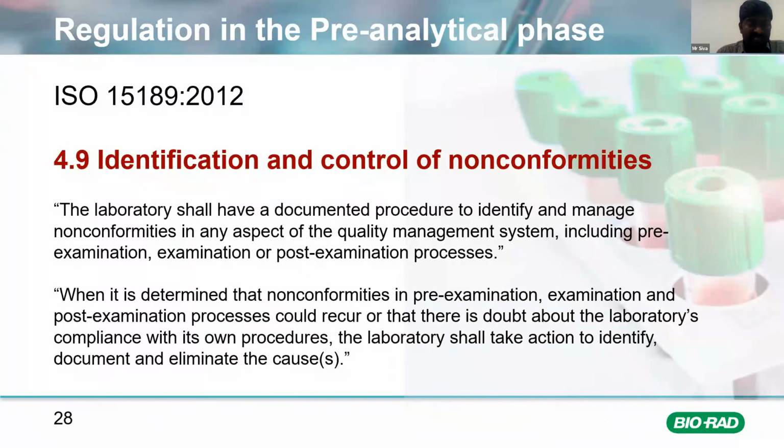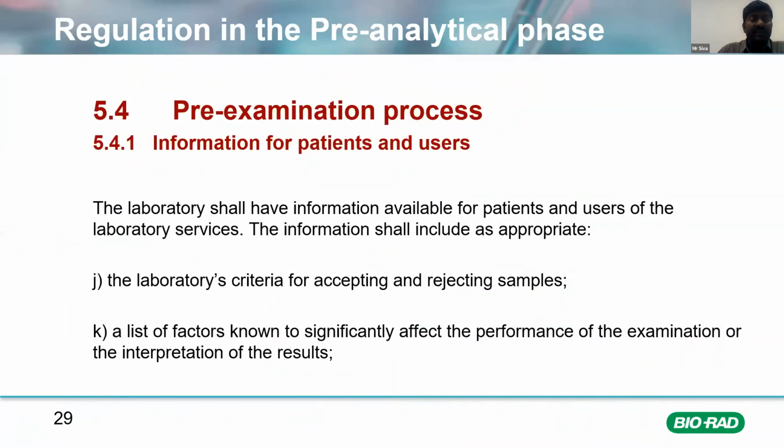Same here for the pre-analytical phase. Under ISO 15189:2012, 4.9 talks about identification and control of non-conformities, which is required. Again, 5.4.1 covers information for patients and users. You can go through the statements later also.